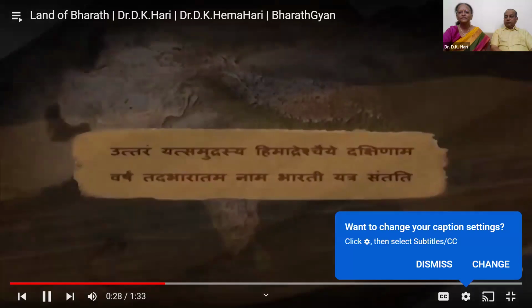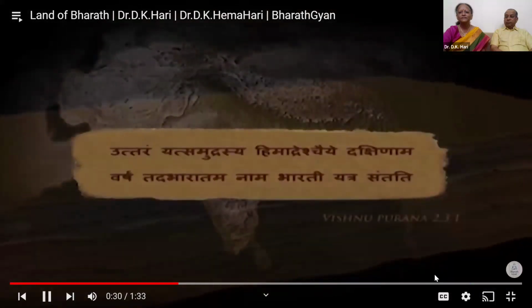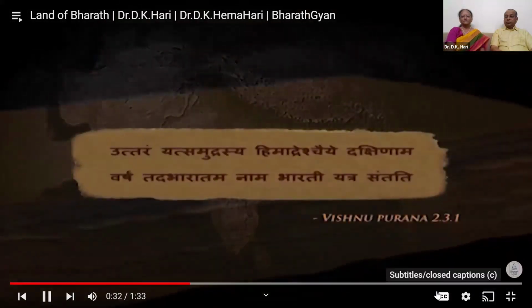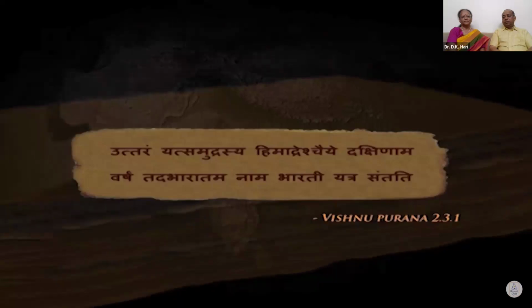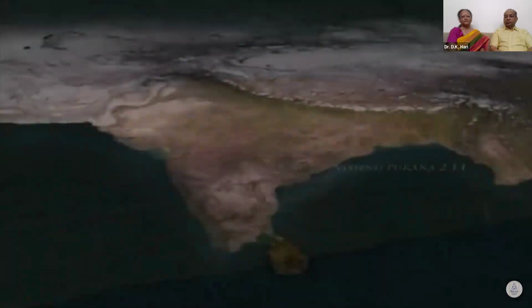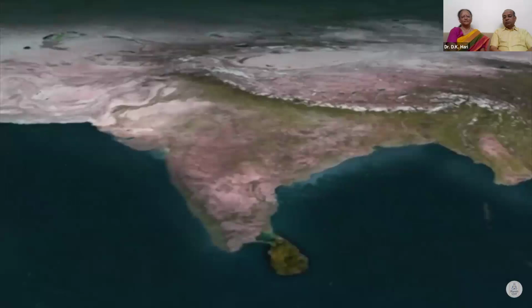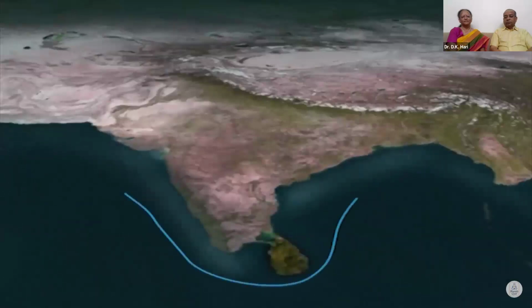Uttaram yat samudrasya himadraschaiva dakshinam varsham tat bharatam nama bharati yatra santatihi. It means that land is called Bharat, that lies north of the oceans and south of the snowy mountains, the Himalayas.